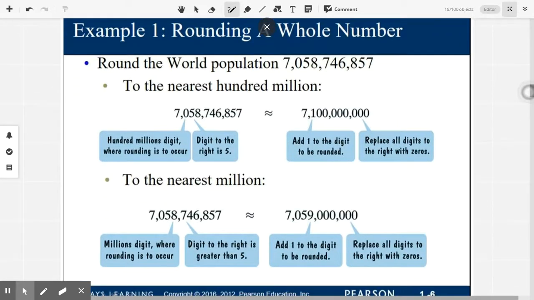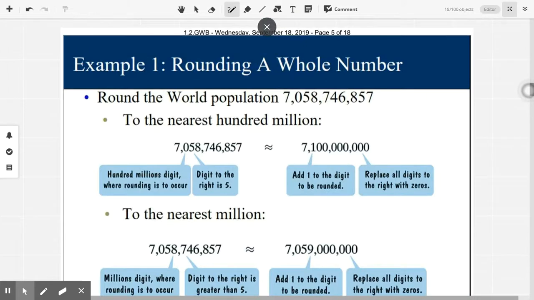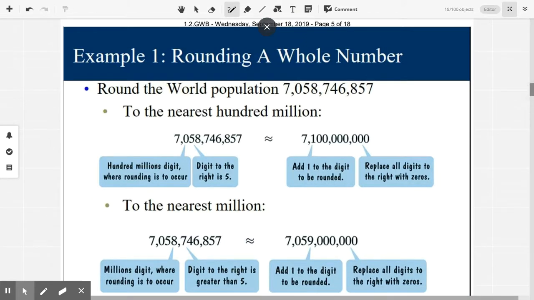All right, so let's look at this example. Rounding a whole number. Round the world population. What's this number? Here are our ones, tens, hundreds, thousand, 10,000, 100,000, million, 10 million, 100 million, billion. This is 7,058,746,857.